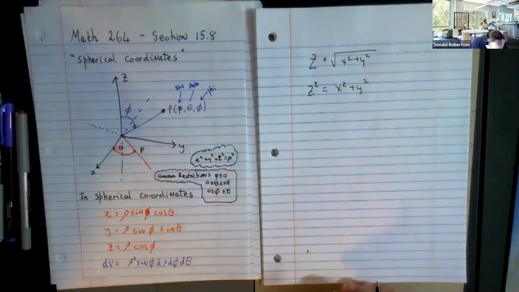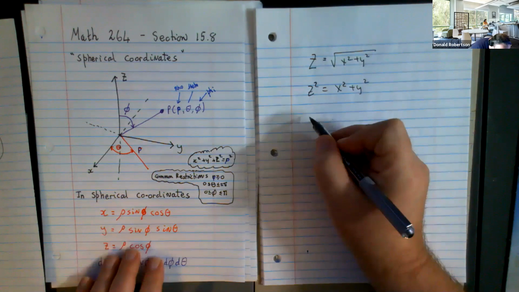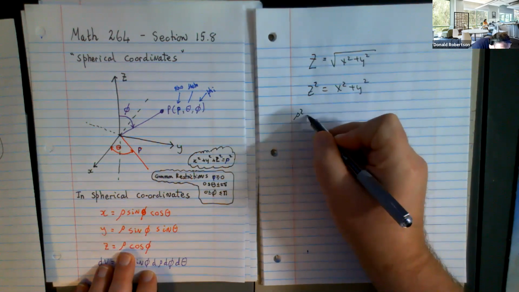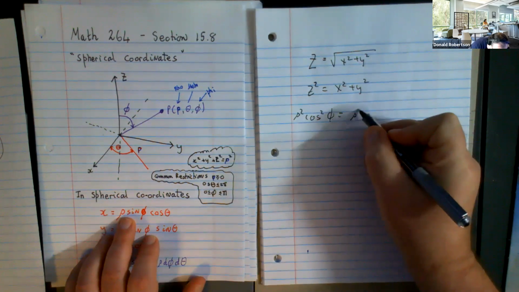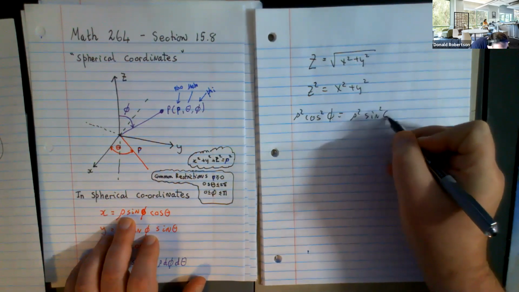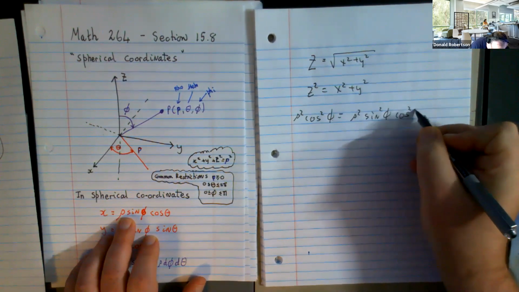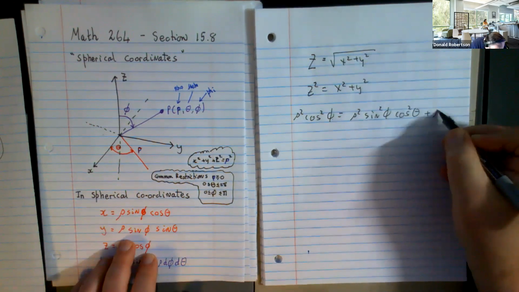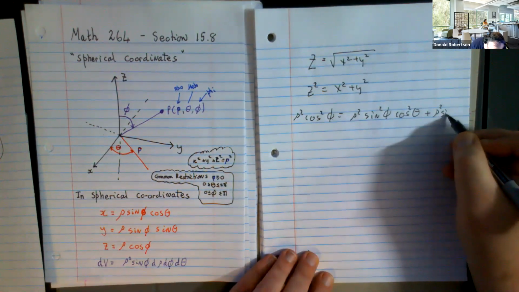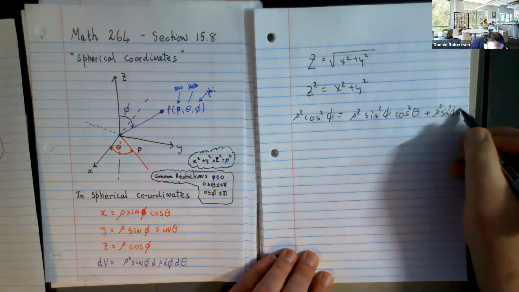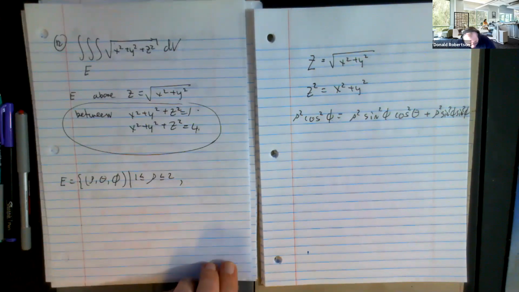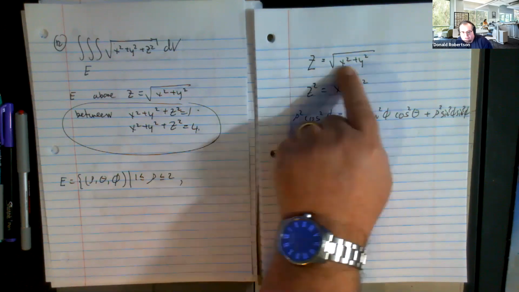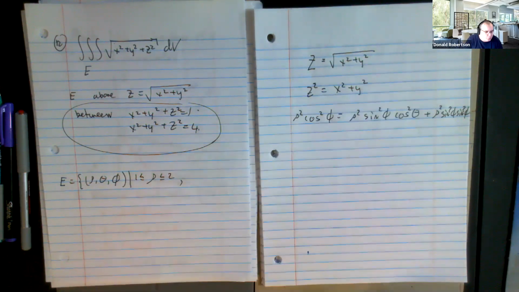Where's my x's? Z squared is rho squared cos squared phi. X squared is this fella. And y squared is this fella. Okay, now, essentially what we want to do is turn the equation of this cone into what it would be in spherical coordinates.